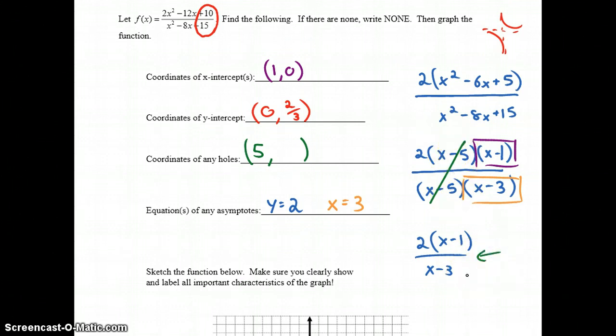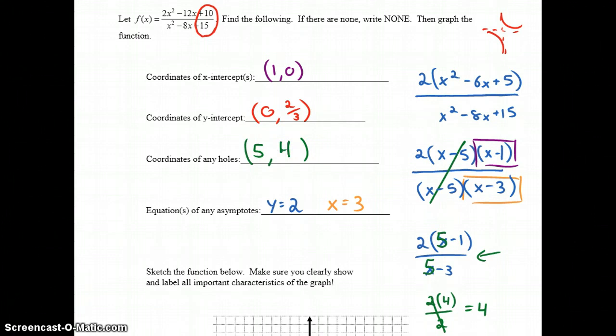Luckily, the second equation, aside from that hole, looks exactly the same. So I can plug in 5 in here and see what I get. Well, that will be 2 times 4 over 5 minus 3, which is 2, which gets me 4. So my hole is at 5 comma 4.